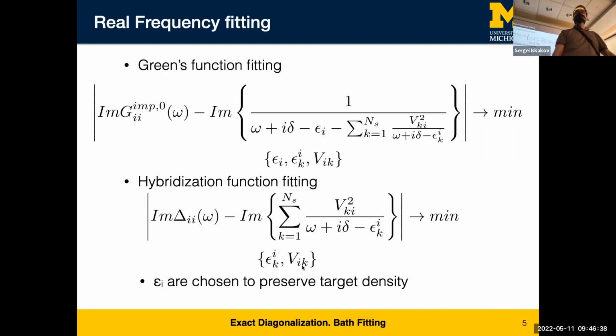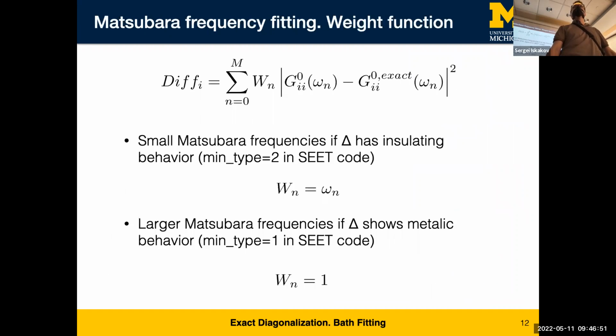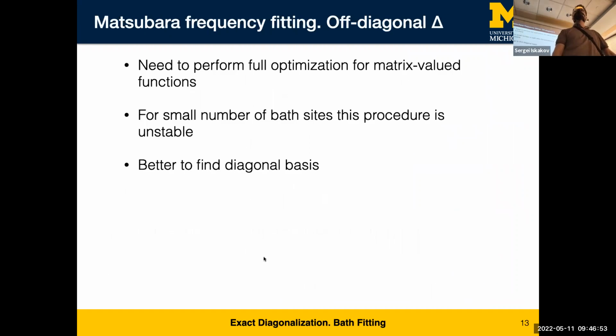And you need to do the minimization simultaneously on a lot of data with a lot of functions, and the uncertainty of that procedure is super big. Basically, I cannot guarantee that the result you will get from the off-diagonal hybridization will actually be reasonable.